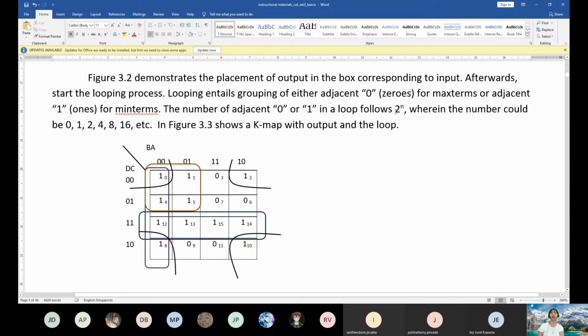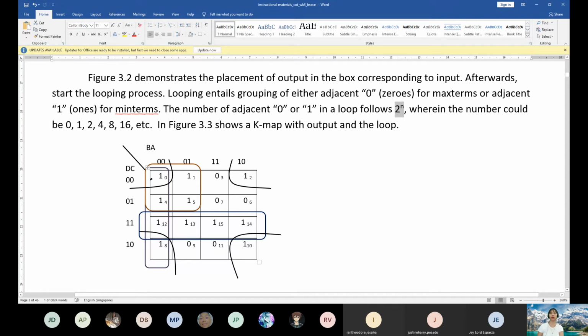Looping still follows the 2 to the n, such that what's inside the loop is either 1, 2, 4, 8, or 16. If you want to use min terms, you will include in the loop the adjacent ones, or if it is max terms, adjacent zeros.